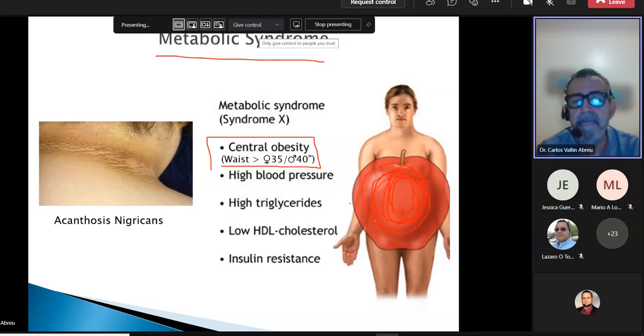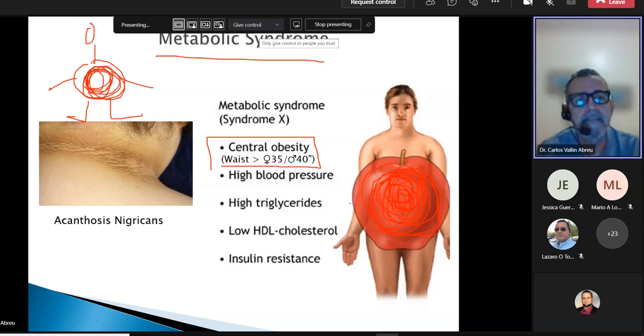The type of obesity in metabolic syndrome has been compared with an apple-shaped figure. Is a person that has fat accumulated centrally while the extremities are thin.